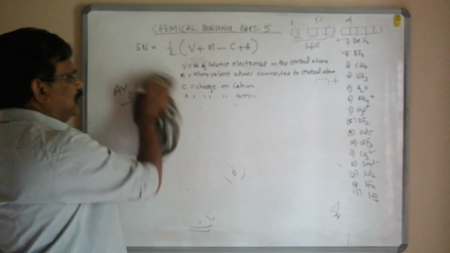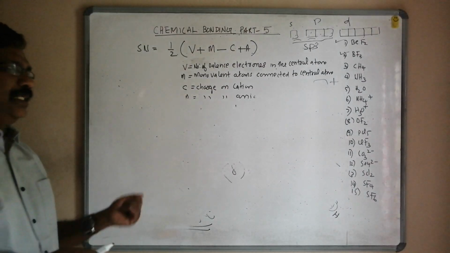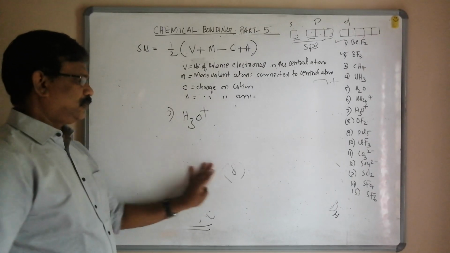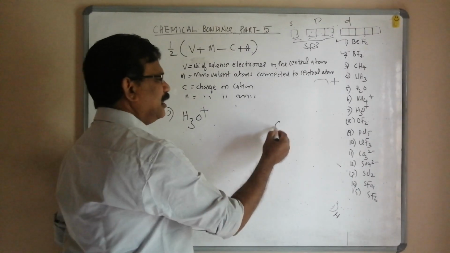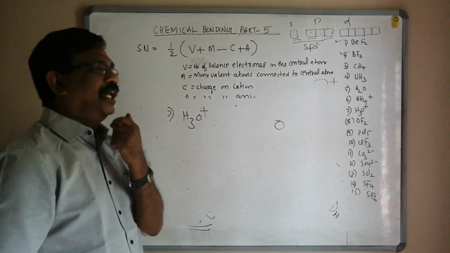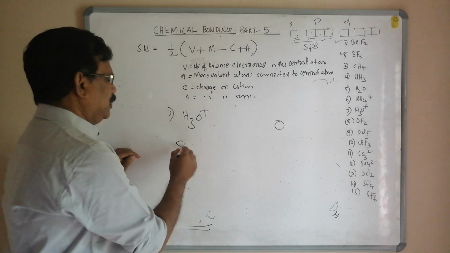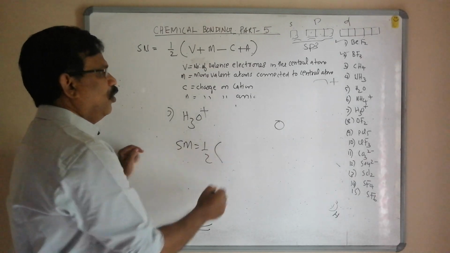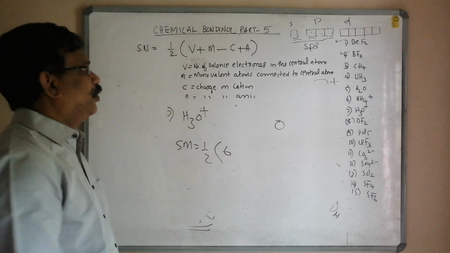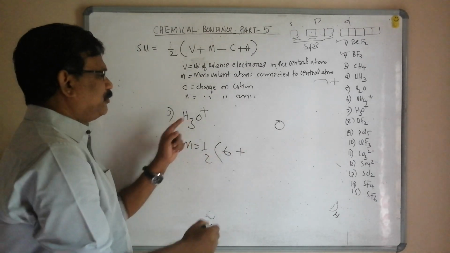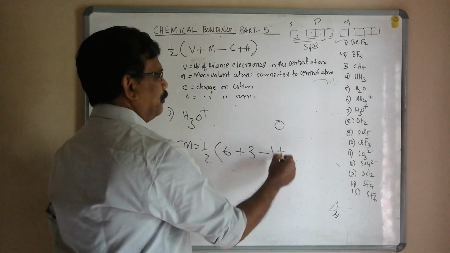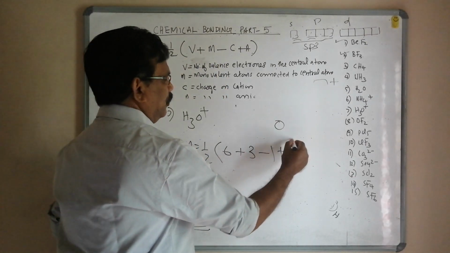Next, the 7th molecule is an ion, H3O plus. Number 7, H3O plus. The central atom is oxygen. How many hybrid orbitals are present around the central atom oxygen? Steric number is equal to half into oxygen, central atom, whose outermost shell contains 6 electrons, plus monovalent atoms, 3 hydrogen atoms, a positive charge, minus 1 plus 0.